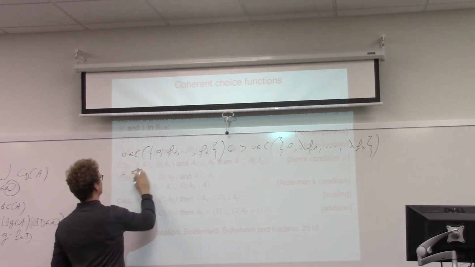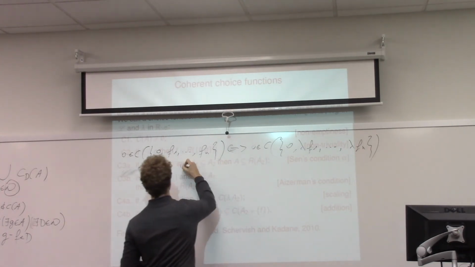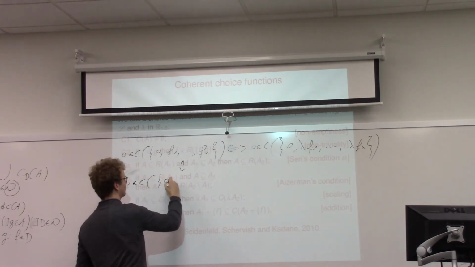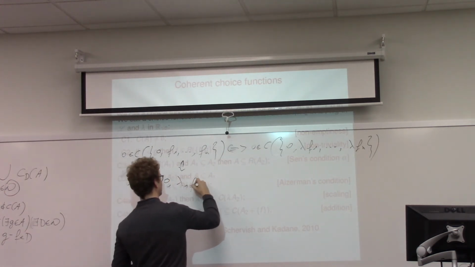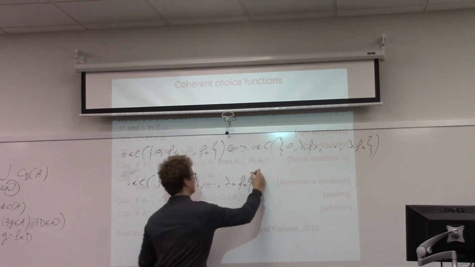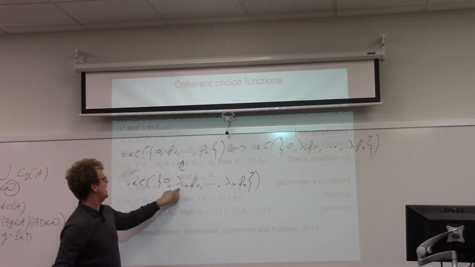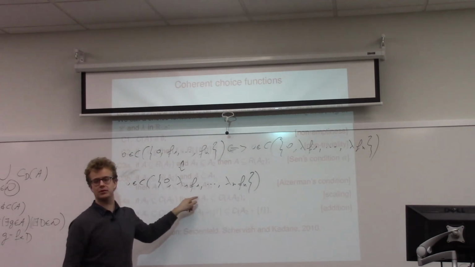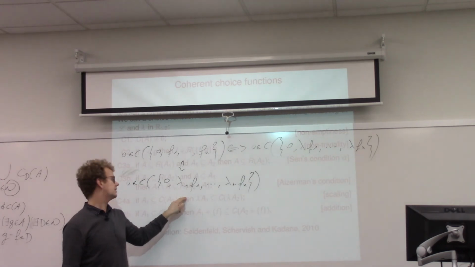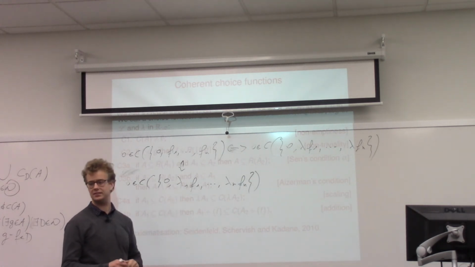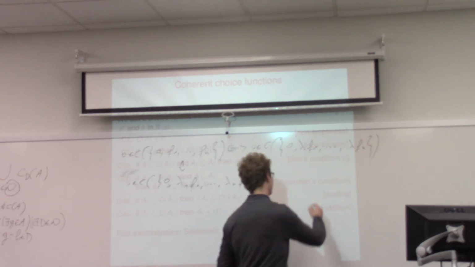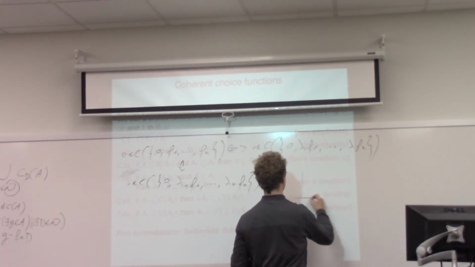What I really want is this. Or what I needed, but I only knew it afterwards. Was that I could choose the lambdas independently from each other. All positive, but independent from each other. And the counterexample that I have in my dissertation, actually, there's a coherent choice function.